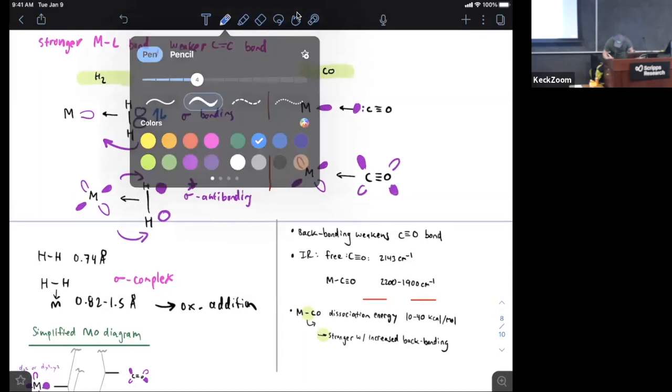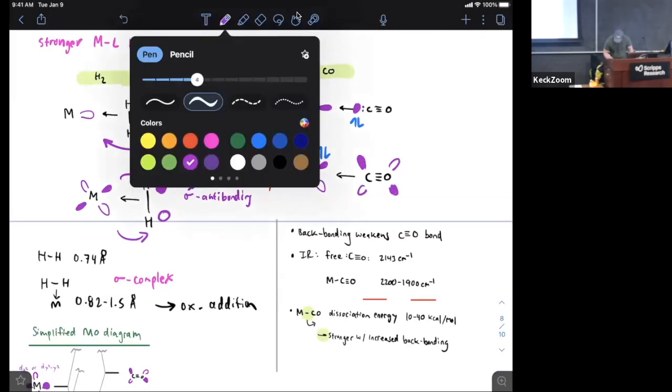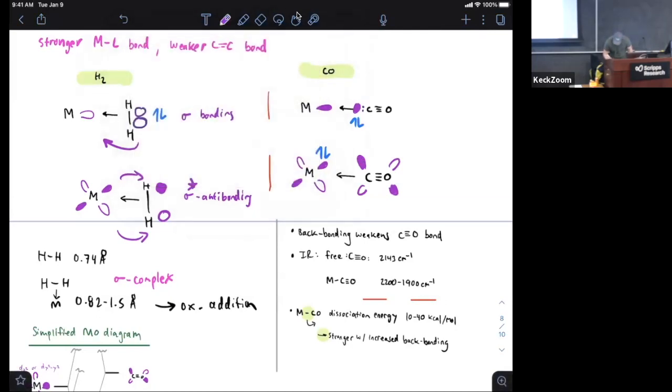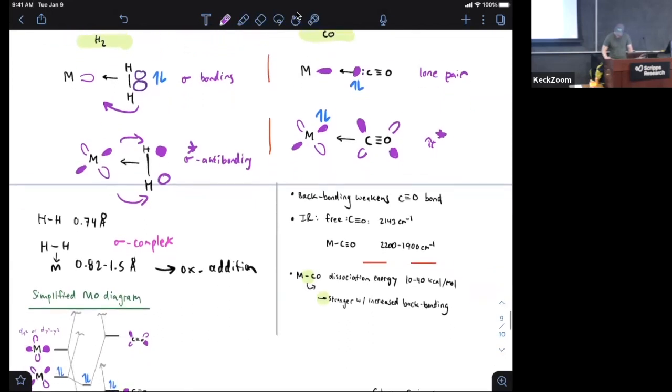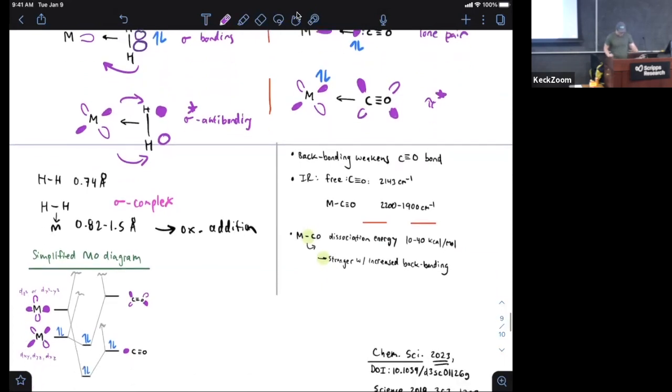Just draw this again, emphasize which orbitals are filled, which are empty in this case. And so in the context of CO, back bonding will lead to weakening of the CO bond.